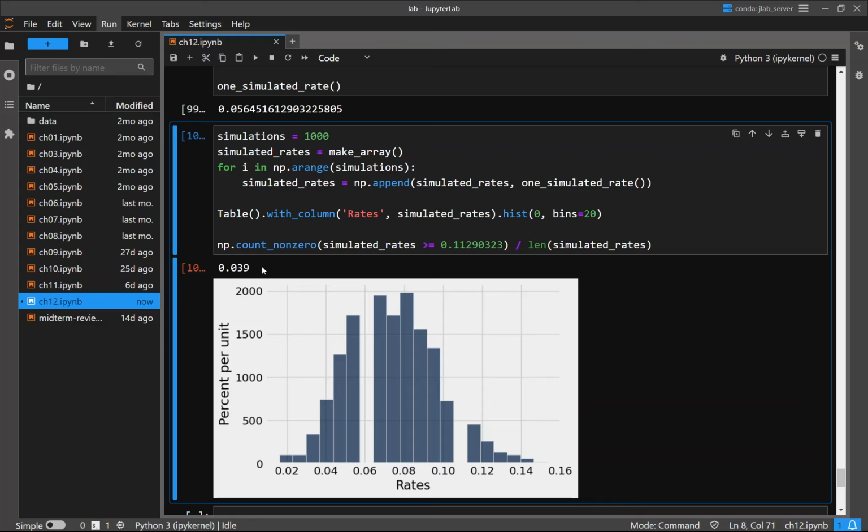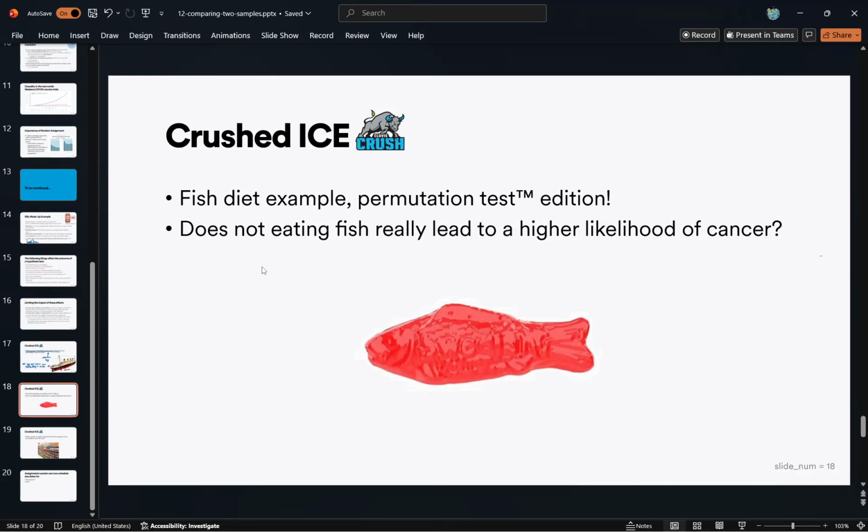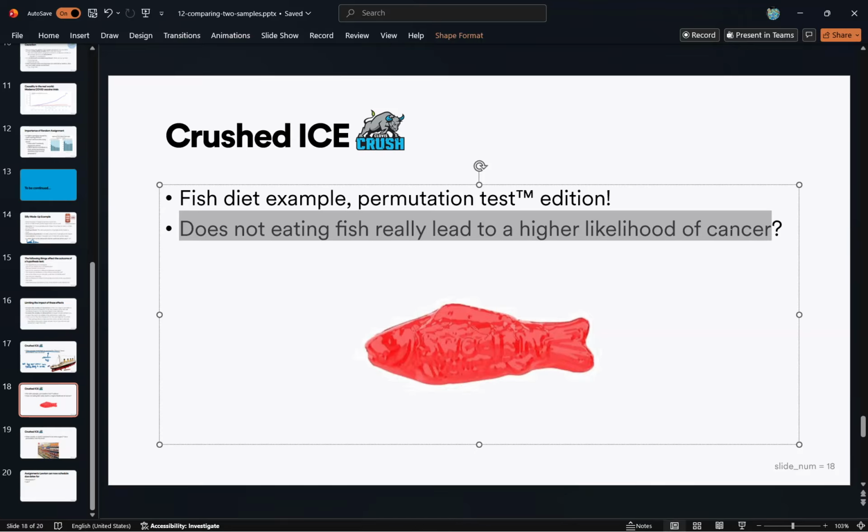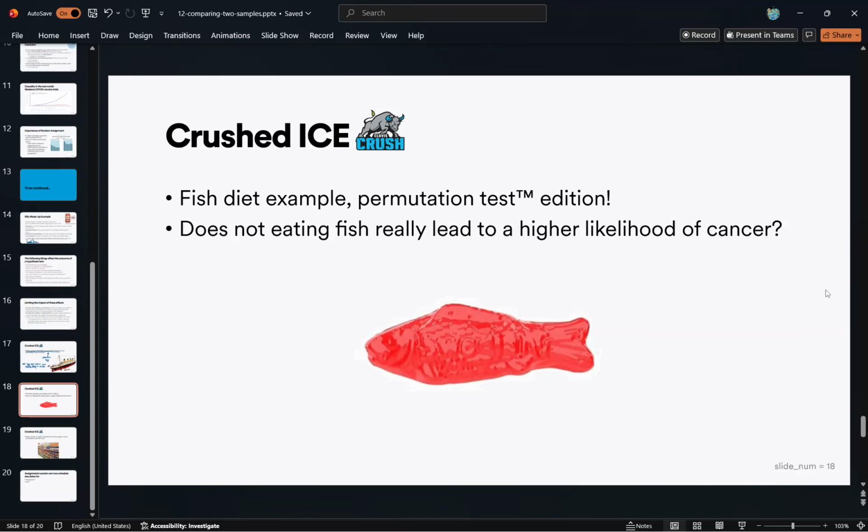And so that probably means that what we saw in real life was abnormal. It wasn't just chance. And so we can conclude that our alternative hypothesis is a better description of the data that we see. Again, we cannot prove causality unless we design the study in a special way. And they did.